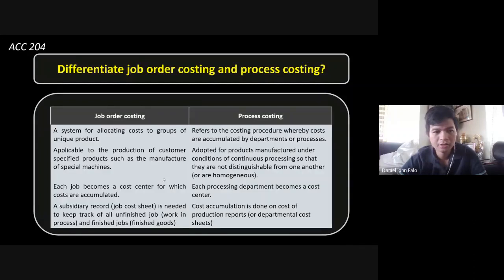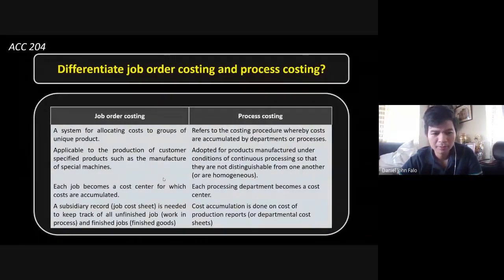Let's differentiate job order costing from process costing. So yung ating job order costing, these are used to allocate groups of unique products. Whereas yung ating process costing, this is for homogeneous products. Pag sinabi nating homogeneous product, pare-parehas or similar products.